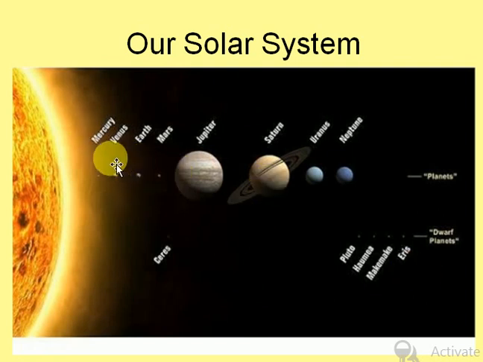Look at the image carefully. The inner planets: Mercury, Venus, Earth and Mars, are nearest to the Sun, so they are known as the inner planets.